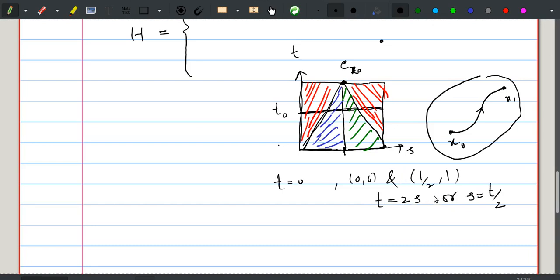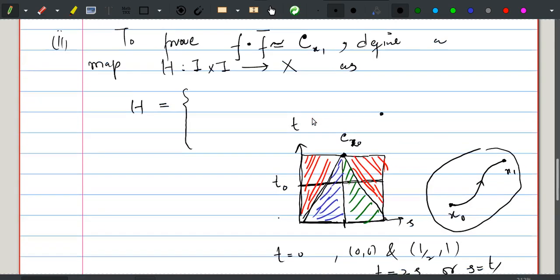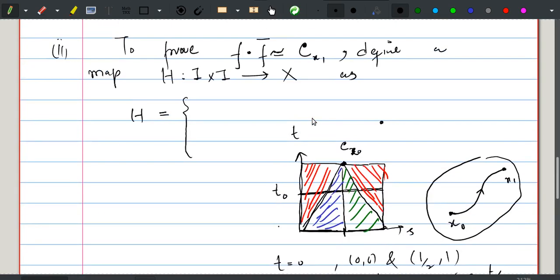So in this region f stays at x naught. So this is the same as c of x naught, which is x naught. So this is h of s, t.